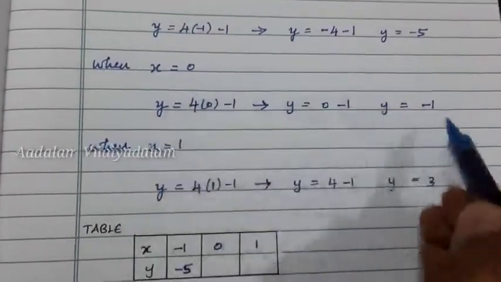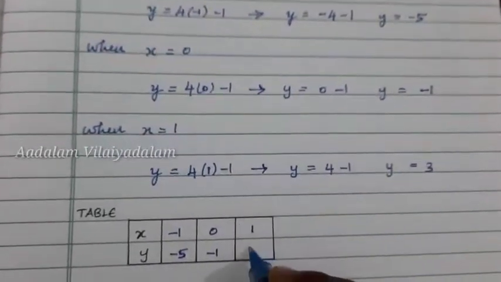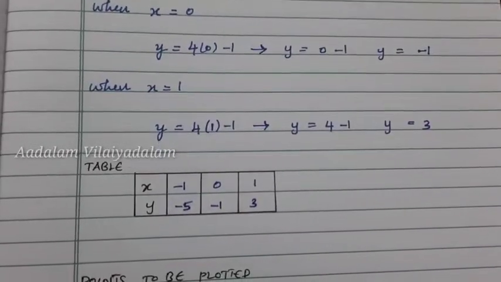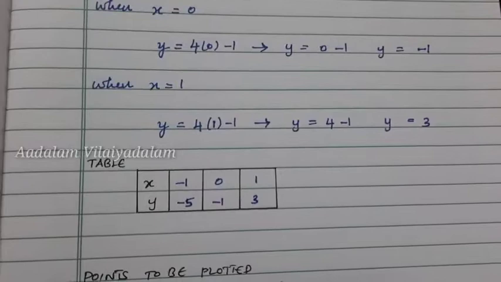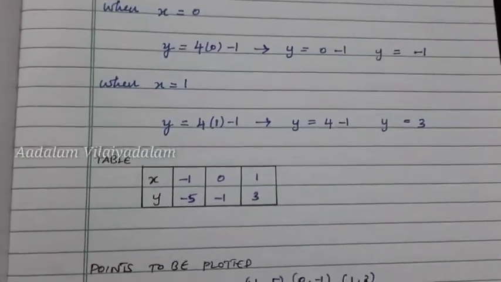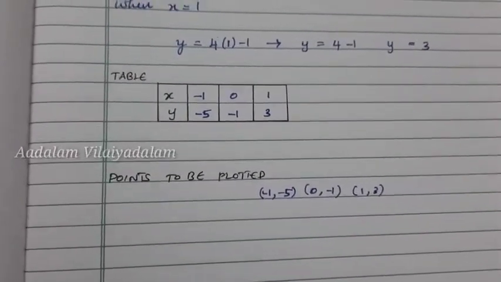For 0, we get minus 1. For 1, we get 3. Now the points to be plotted are minus 1 comma minus 5, 0 comma minus 1, and 1 comma 3. Now let's move to the graph page.